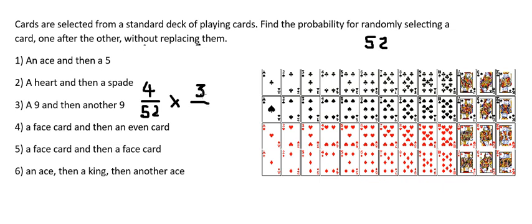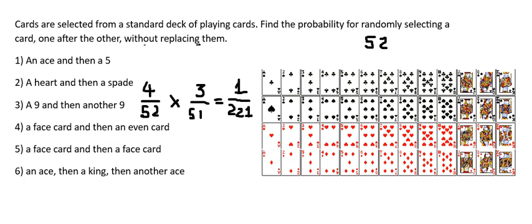That means we have 3 cards of number 9 out of 51, because the first one we select 1 card out of 52. That's why you got 51. So we calculate this one, and we have 1 over 221.